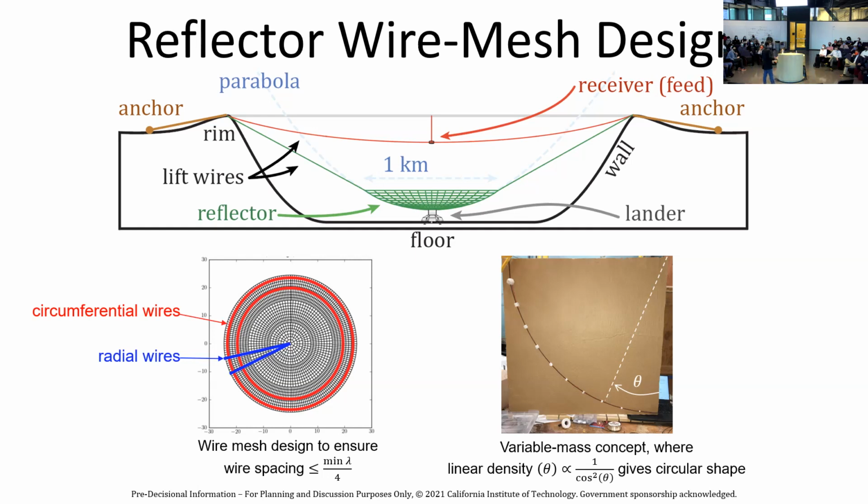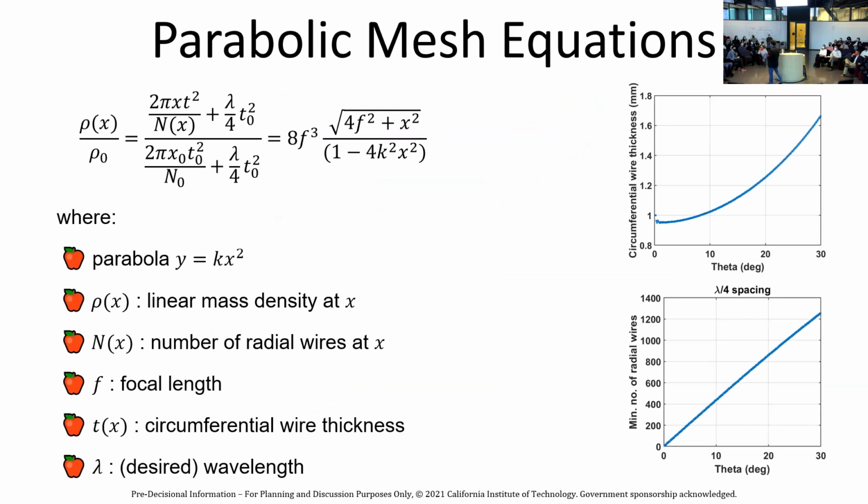Turns out if you just change the mass density, you can give it any shape you like. So here is a mass density given by 1 over cos squared theta, and that gives it a circular shape. You can see where the engineers have come in. We take that problem and turn it into a parabolic shape.